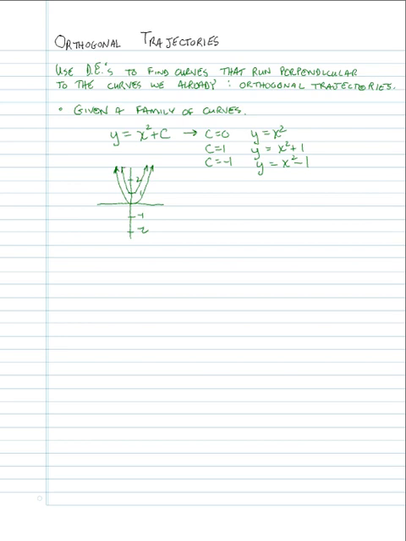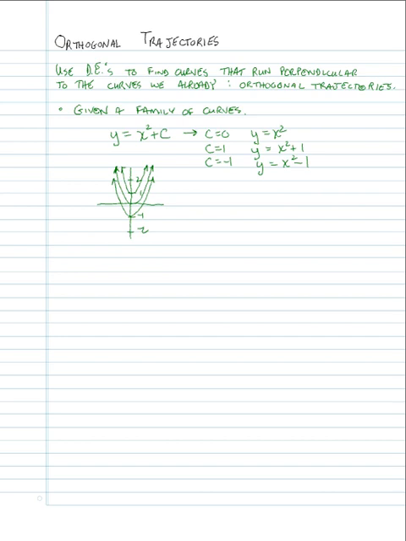And if c is equal to negative 1, y equals x squared minus 1 would be a curve that looked like this. So for every c value, we have a different curve in this family. And of course, you can imagine for all the possible c's, if we were to graph every single curve in the family, it would blacken the paper because it would be filled in completely and we couldn't see it.